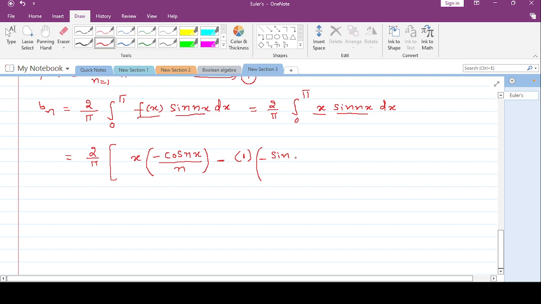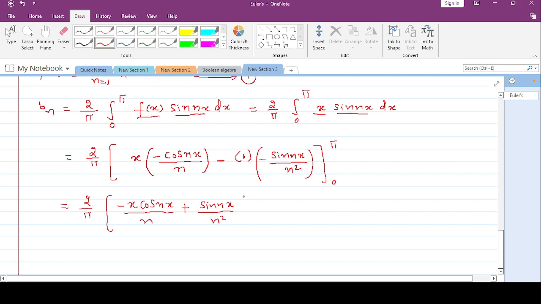So this is equal to 2 by pi times minus x into cos nx by n plus sin nx upon n square within the limit 0 to pi.